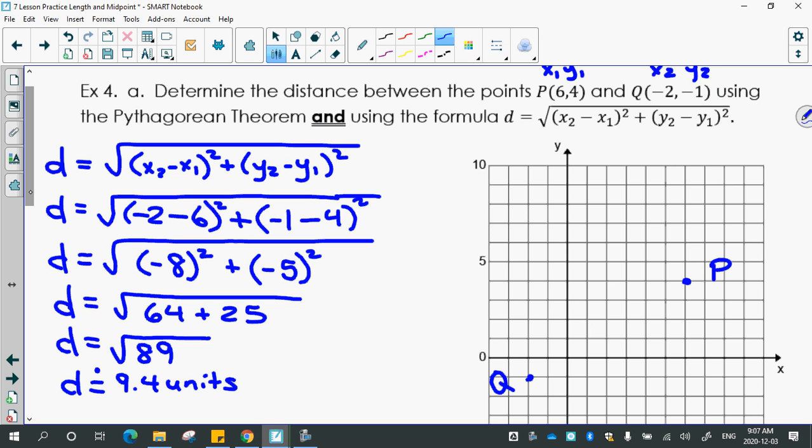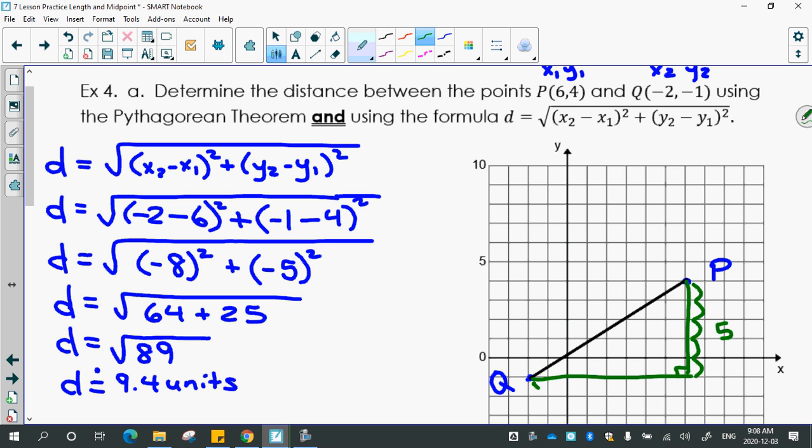Okay? So there's PQ. And then you make a right triangle of it by going down and across with your right triangle. And then just counting the length of each side.